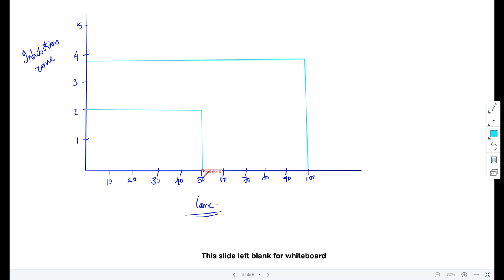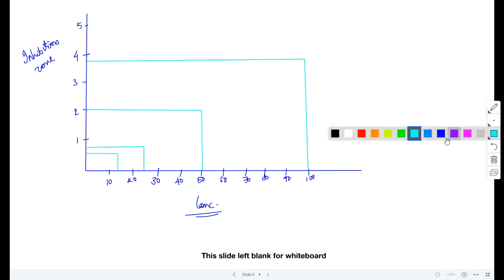For y, because of y, 0.7, right? Maybe somewhere here. That gives me 25. For 0.5 it is 12.5%. Right?